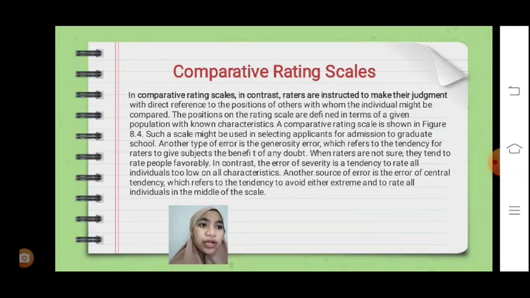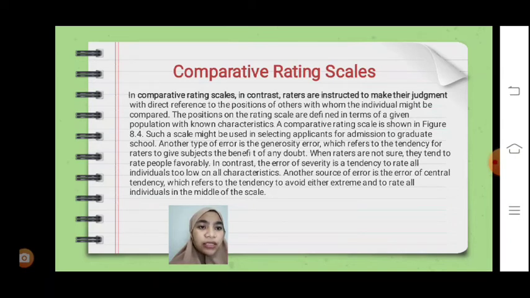Such a scale may be used in selecting applicants for admission to graduate school. Another type of error is the generosity error, which refers to the tendency for raters to give subjects the benefit of any doubt. When raters are not sure, they tend to rate people favorably.